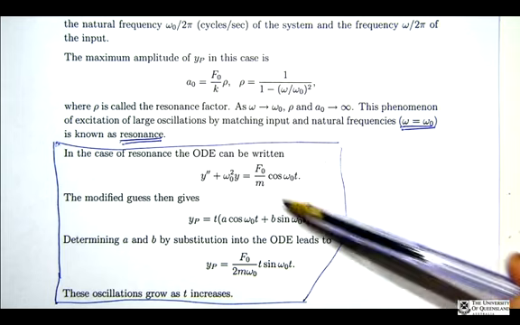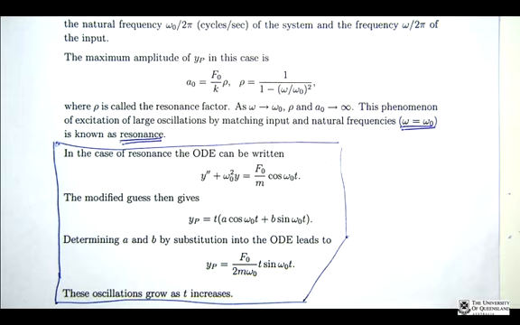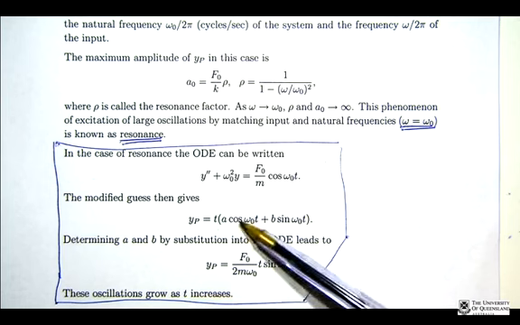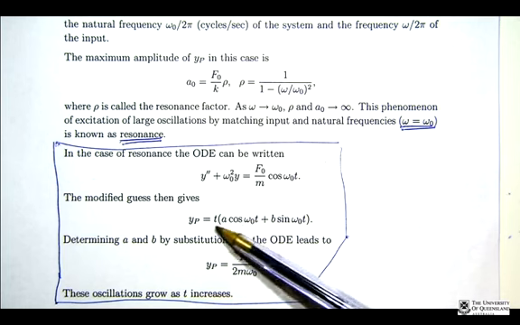Because we know that cos omega naught t occurs in the homogeneous solution. And it turns out after modifying the guess according to the method of undetermined coefficients, so we multiply the original guess just by t, and we end up with the particular solution being given by this.